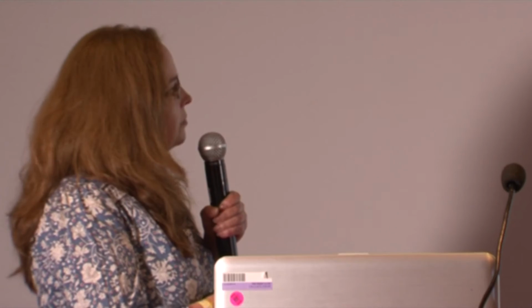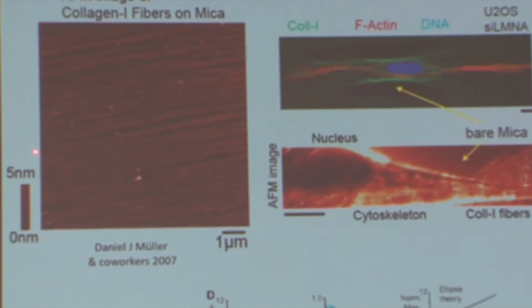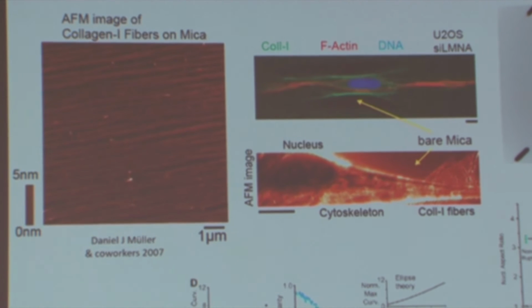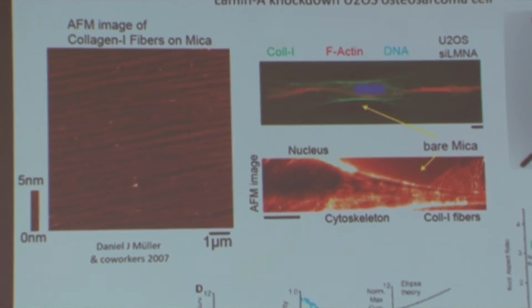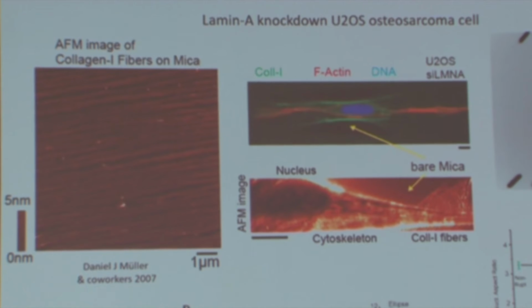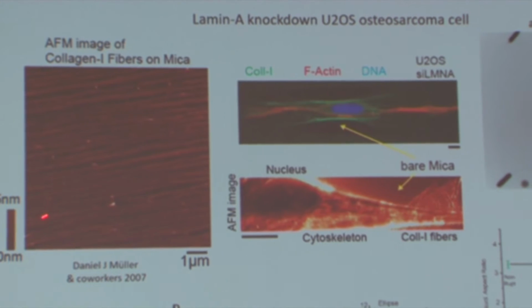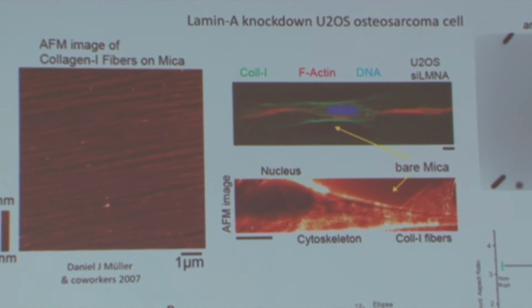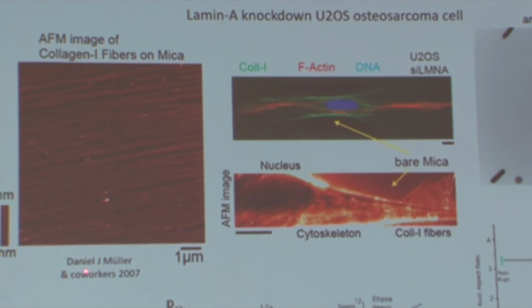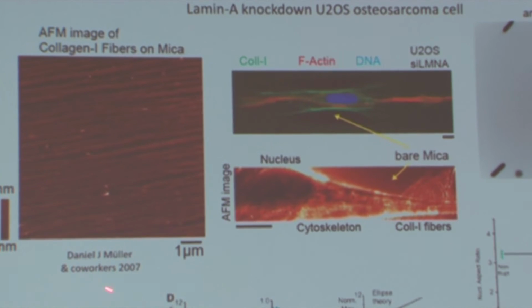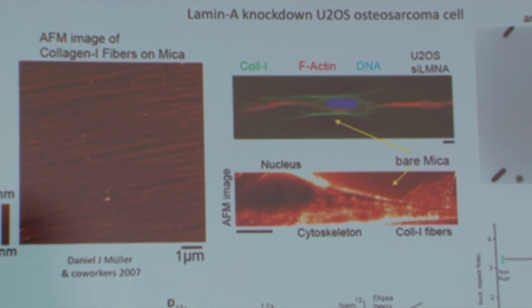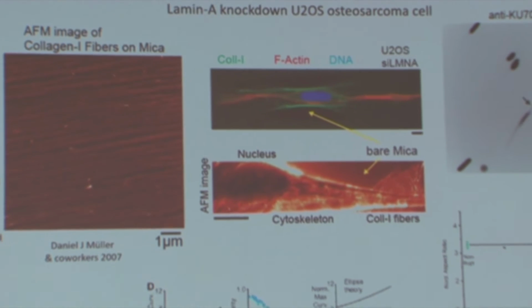This experiment was done on a thin collagen film that self-assembles on an atomically flat surface, and it forms beautiful fibers where cells can adhere and start to elongate. This system was introduced earlier by Daniel Müller in Dresden and co-workers in the early 2000s.